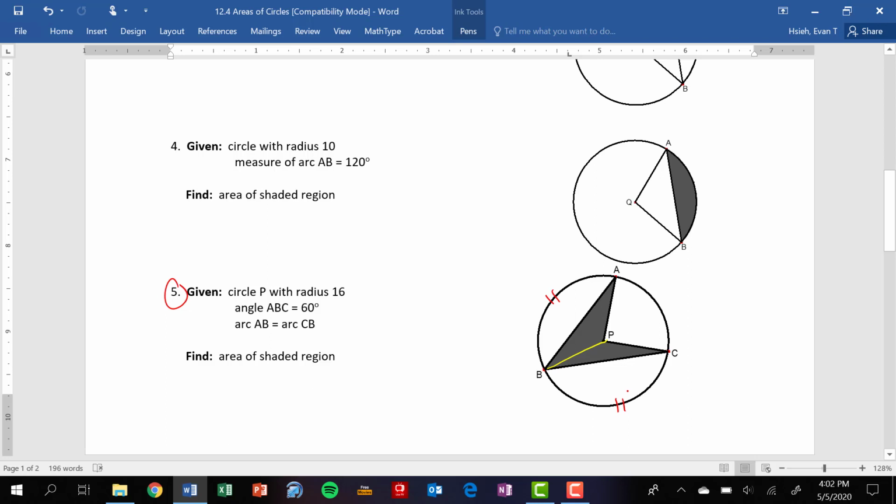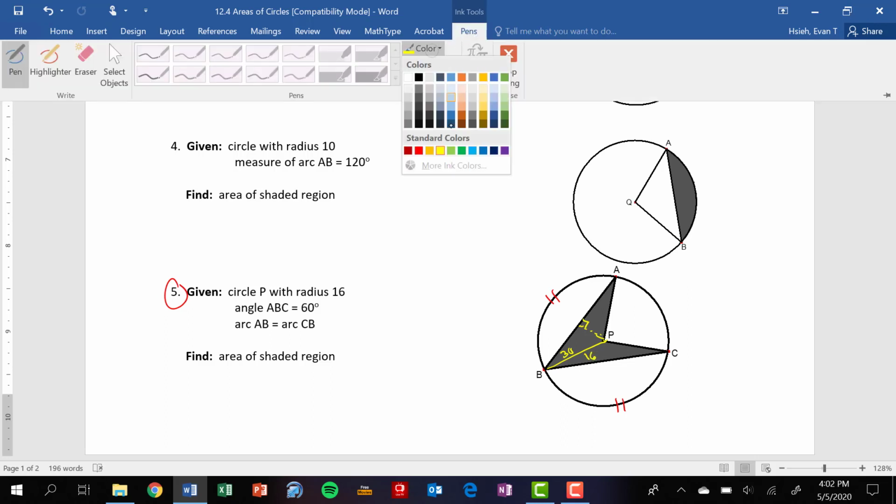And we know that this angle ABC is 60, so we know that this angle down here is going to be 30 degrees. And I can draw in an altitude with the right angle here, and I'm going to get some 30, 60, 90 triangles going here. I know that the radius is 16, so I know that this is 16 right there.